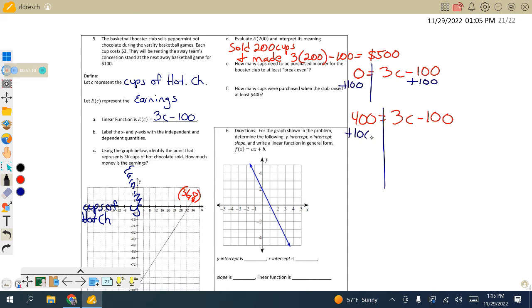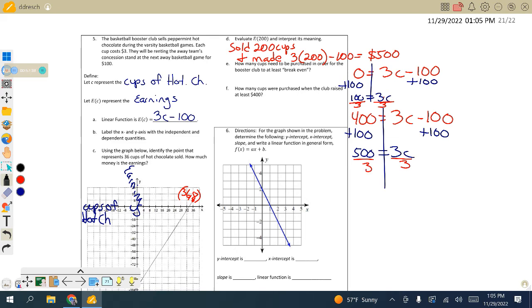This is where your calculators for your arithmetic might be nice to have. So we get 100 there. Now on the other one, we're solving these at the same time. We get $500. Now here, when we get ready to divide by 3, because it's 3 times and the inverse of multiplication is division, we're going to go to our calculators.